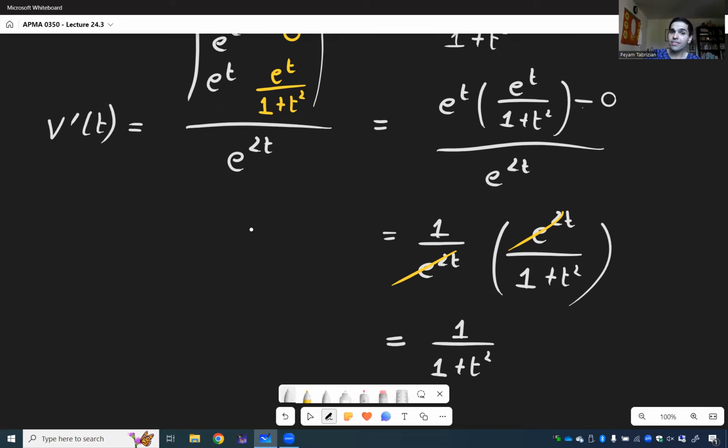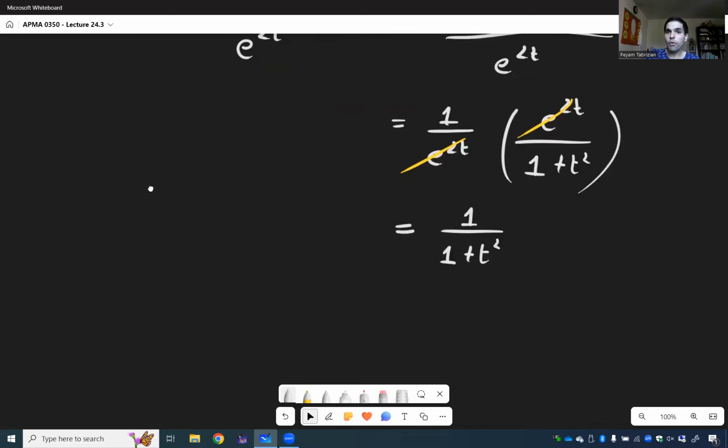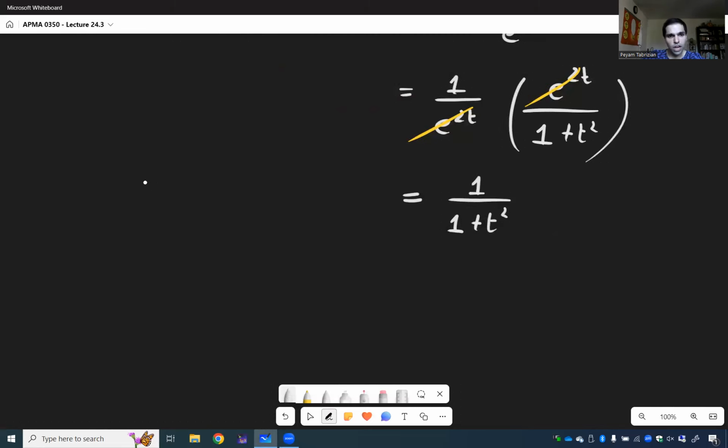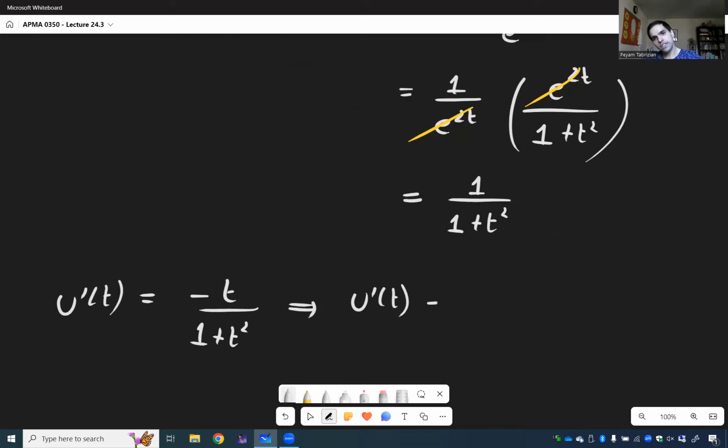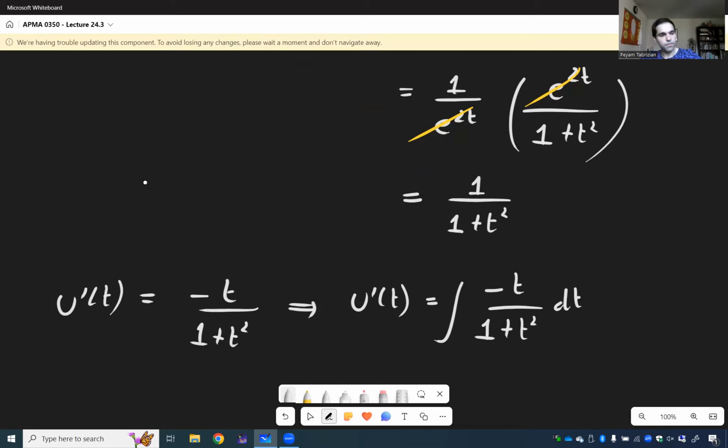Almost done, I promise. So we found u prime and v prime. So now let's find u and v. So I believe u prime of t was minus t over 1 plus t squared. So u of t is the integral of minus t over 1 plus t squared dt.